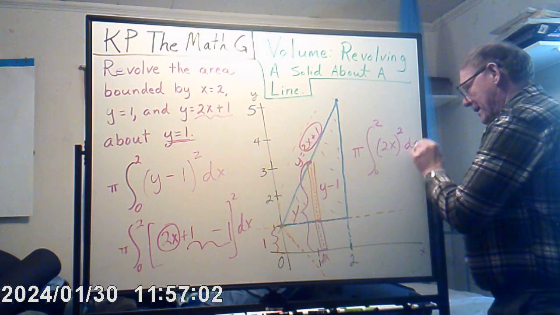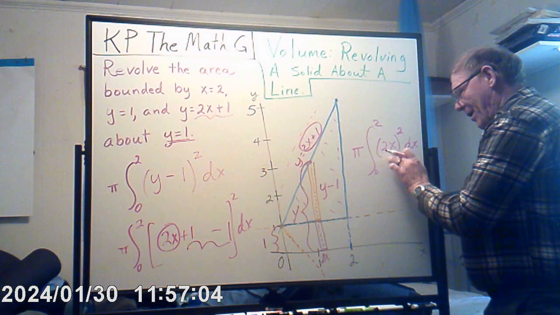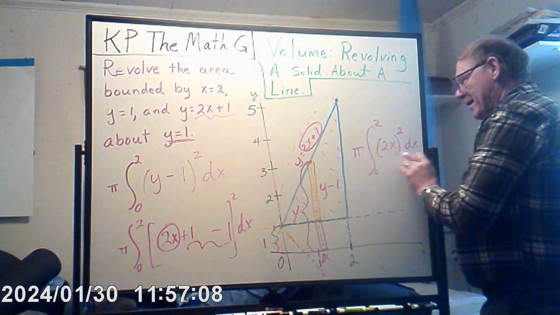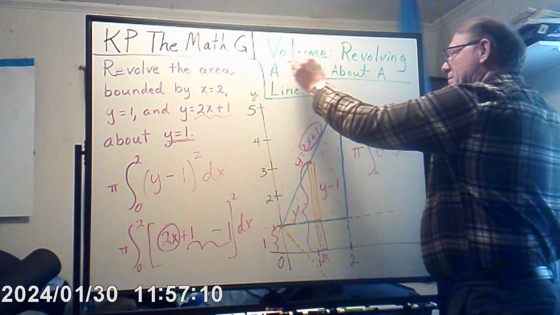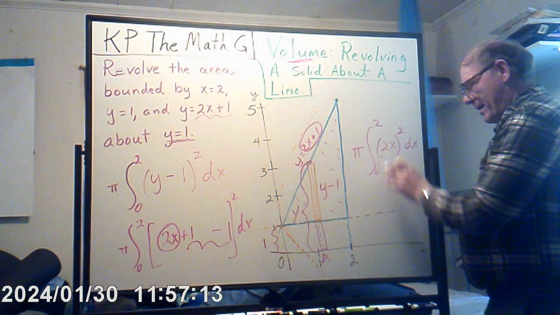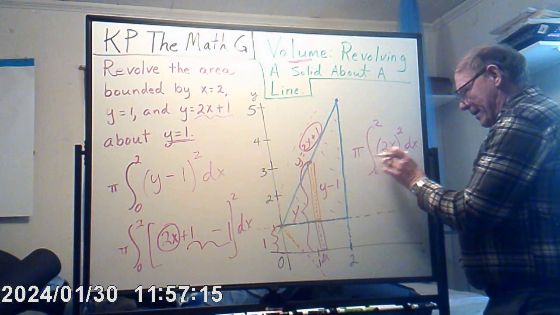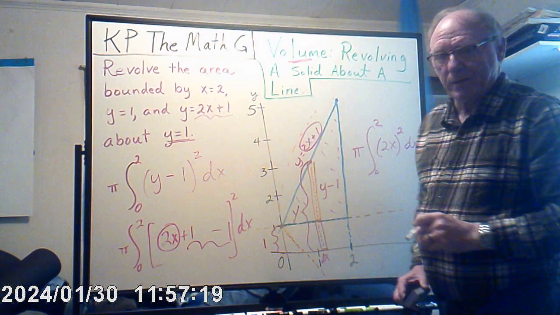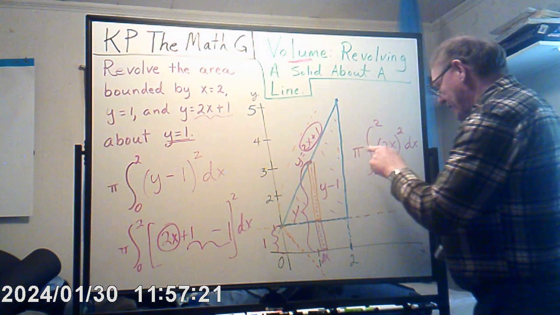dx. It's pi r squared and then the thickness, and that's going to give me my volume. This is an area that's squared times its thickness, which together is the volume. I'm going to flip this over.